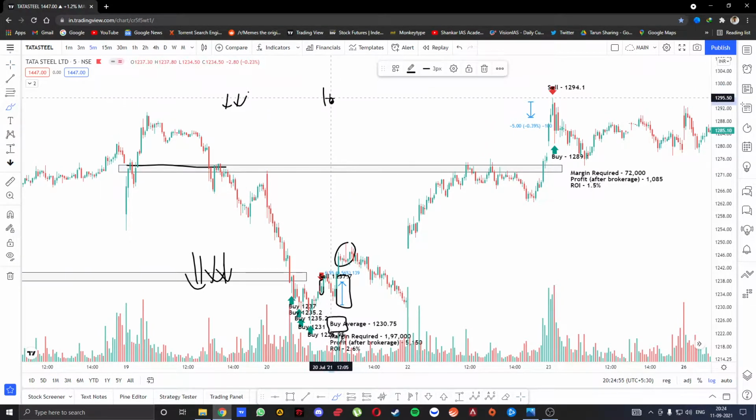First type of retail trader will be selling here because this is a resistance. As you can see, market sold off here. By market, I mean the stock. It sold off here. So people are expecting to sell here. And we can see some selling pressure also coming in. And as soon as the market starts going down a little bit, a lot of stop loss orders start coming in here.